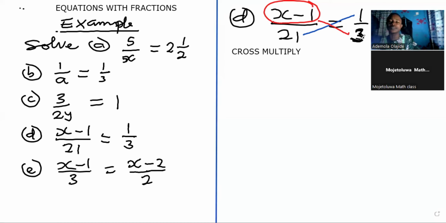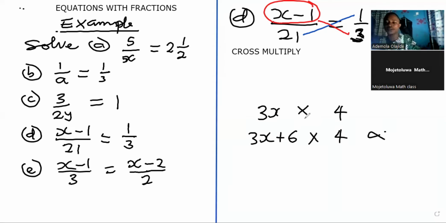Now I want you to know something again. If you are multiplying, suppose we have 3x and it's to multiply 4, you are free to use this sign to show multiplication. But if you have something like 3x plus 6, and it's to multiply 4, don't do this. Don't say times. That is wrong. Instead, you use parentheses. You put 4, you put the parentheses and pack this 3x plus 6 inside the parentheses.